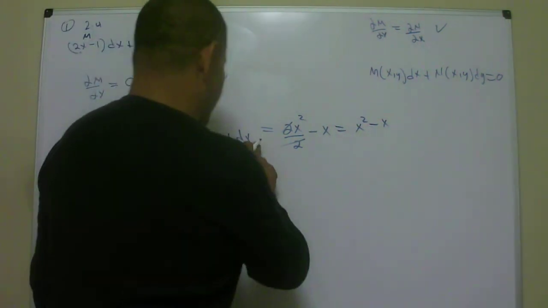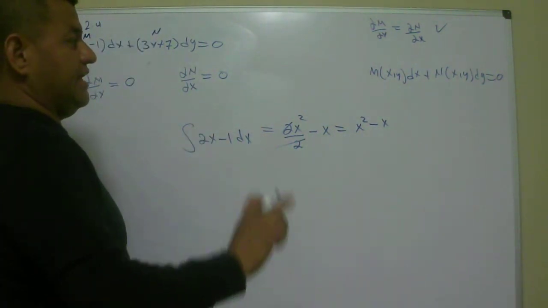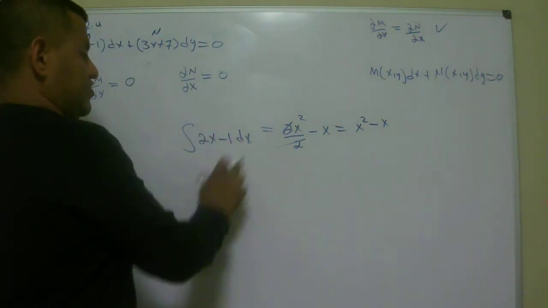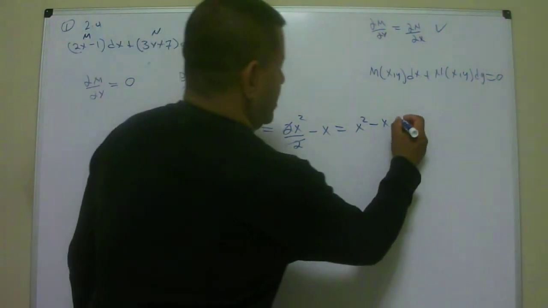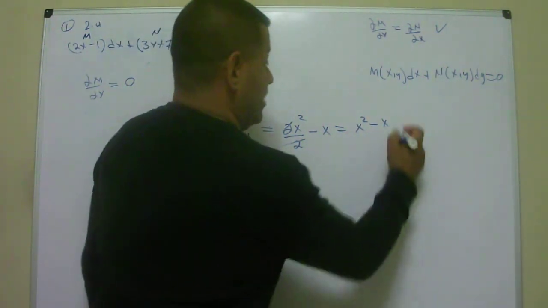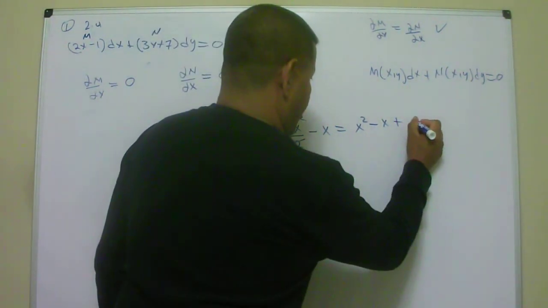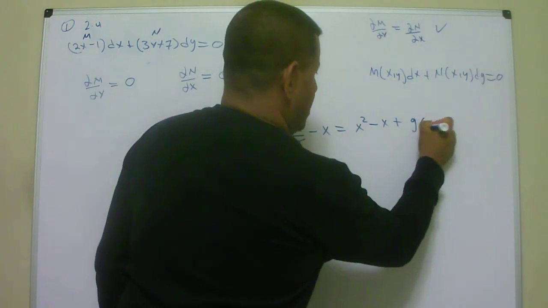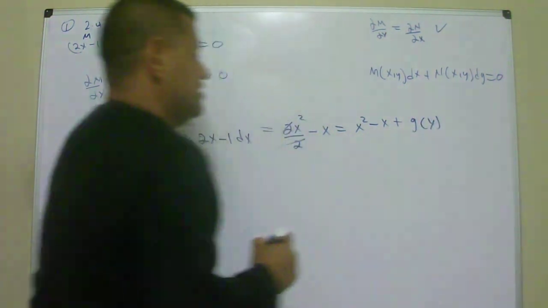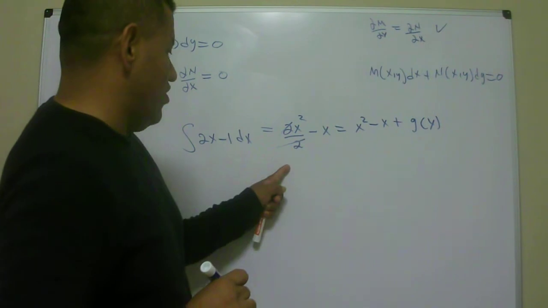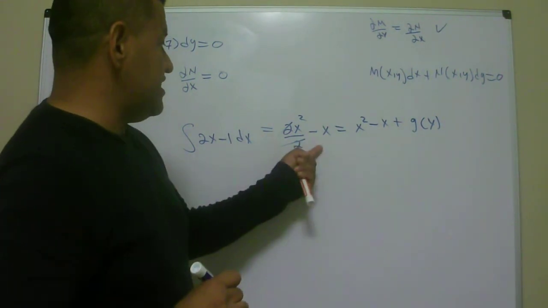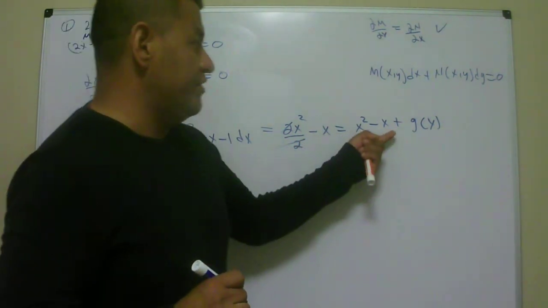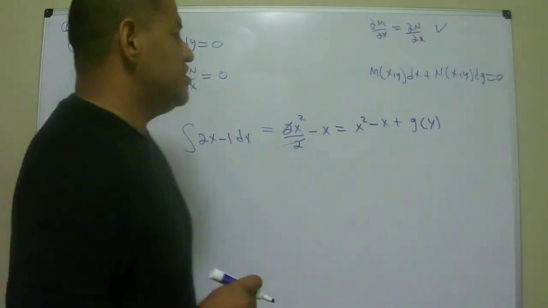If I integrate with respect to x, I am not going to get a plus C. What I'm going to get is another function, which is going to be a function g of y. See, I didn't get a constant C. By integrating this, I got another function of y.